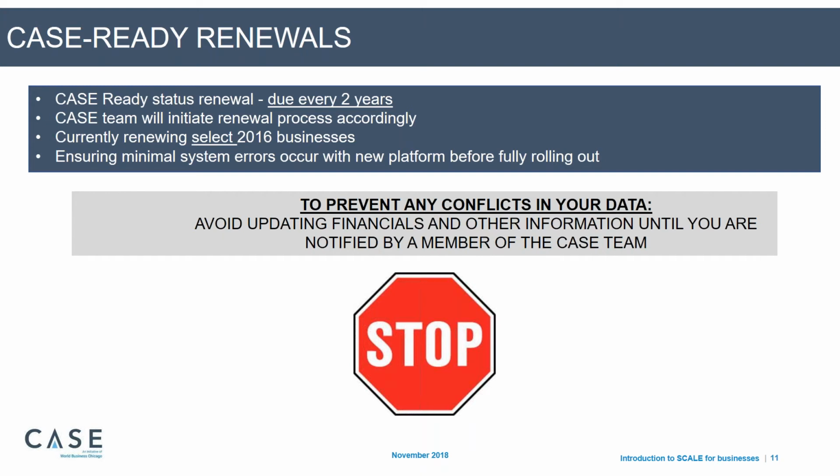We've identified in the system that when you complete anything further beyond the NDA, your case ready status will reset, which will require a lot of manual input from our team. However, our developer is aware of the issue. We are working on it so that you can update your information without your case ready status renewing.